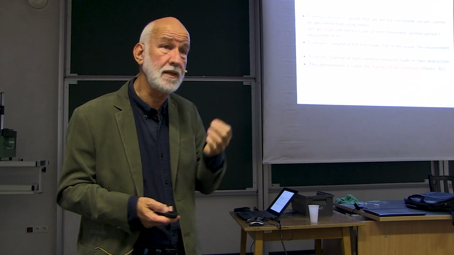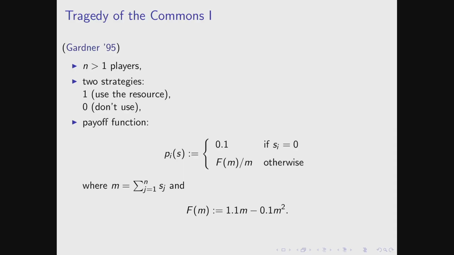So here is an example from a book by some economist, Gardner, who, by the way, was a chief economic consultant of Yushchenko, if you still remember such a prime minister in Ukraine. So there are two versions of this game. One is discrete, the other continuous. So here, you use a resource, so you put the cow on this common meadow or not.